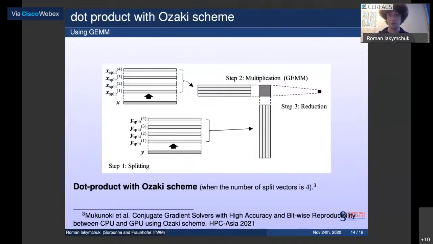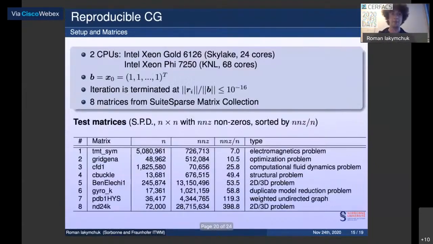This is an example of the case when we have 4 splits of each element of a vector. And overall, we are speaking already about CG. We have not yet injected a preconditioner into the solver. We tested on 2 CPUs, actually one CPU Skylake and another one an accelerator, Xeon Phi.